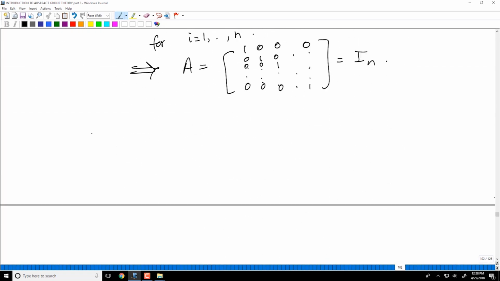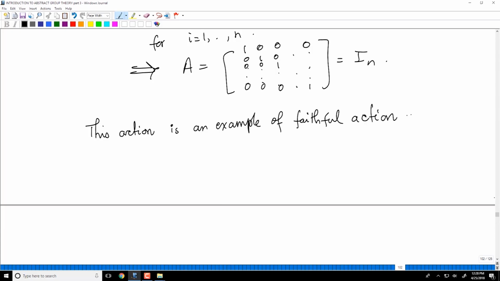So this action has the property that if a group element is in the stabilizer of all vectors, then it is the identity element. So this action is an example of a faithful action.